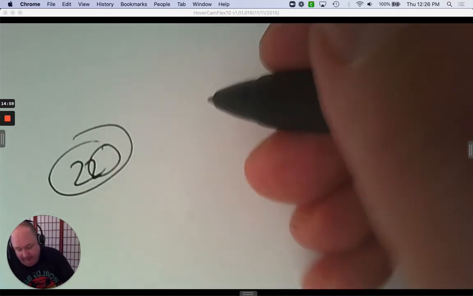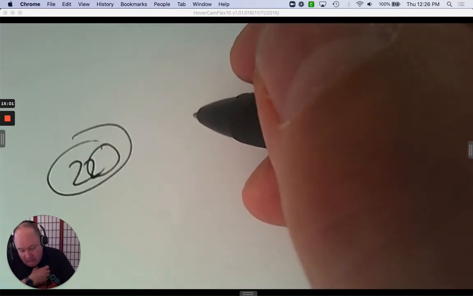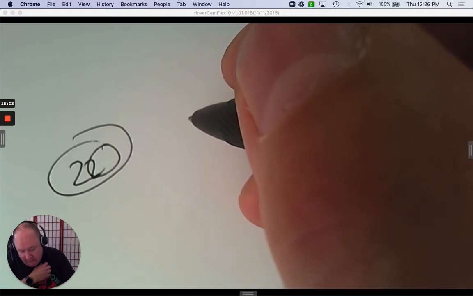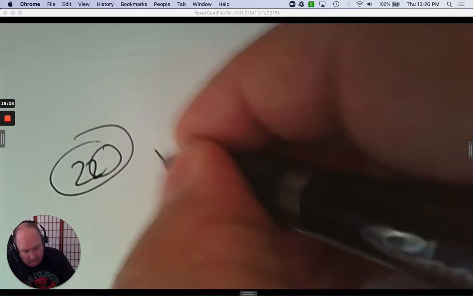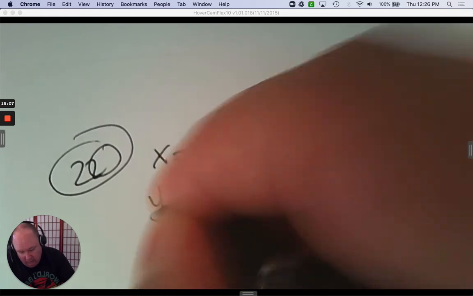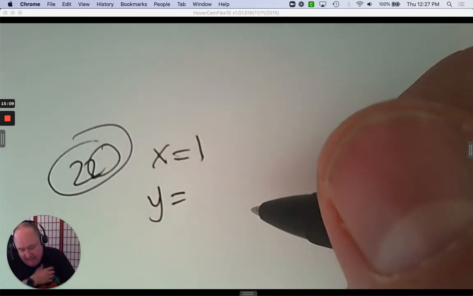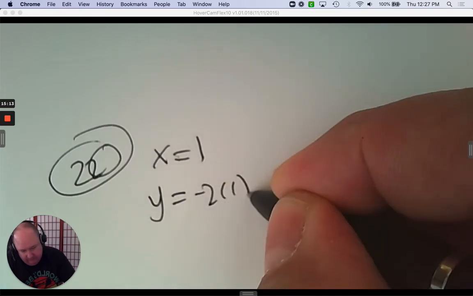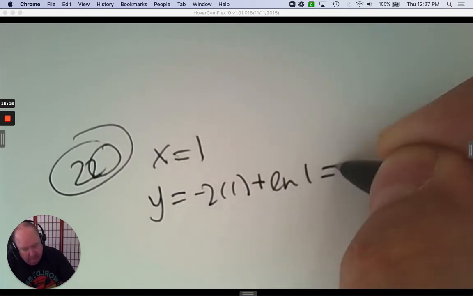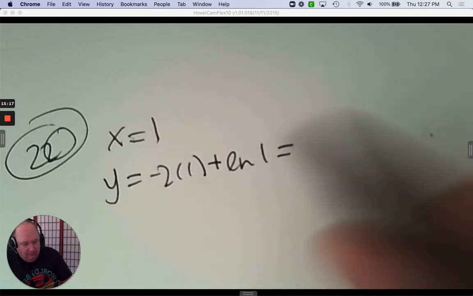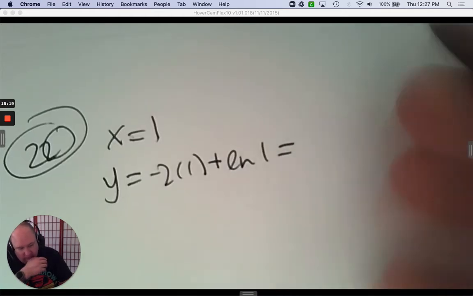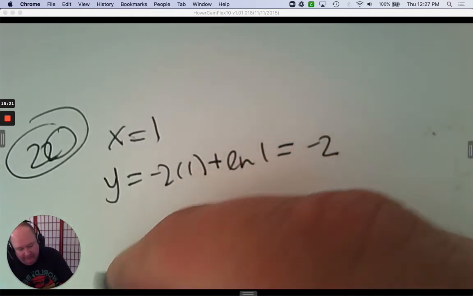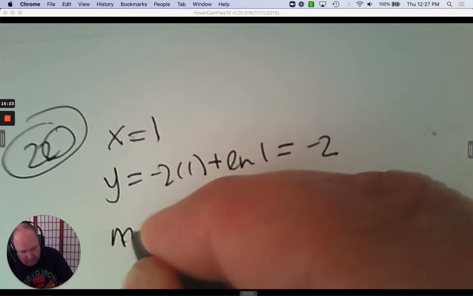Number 20, we're still using the same function. It says to use an equation of a tangent line at x equals 1. So when x equals 1, plug 1 in for x to get the y coordinate. Remember, ln 1 equals 0, so that's negative 2. And then the derivative for the slope.